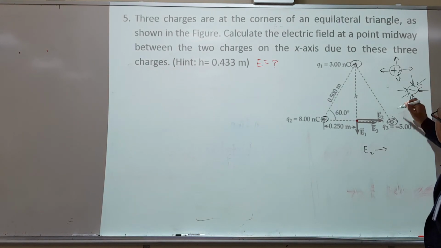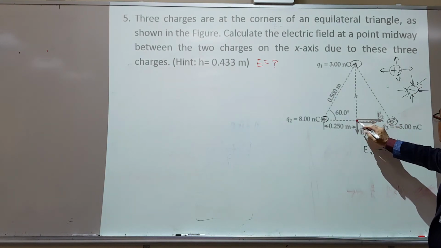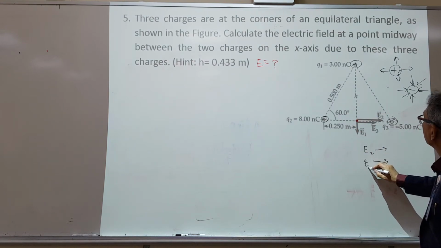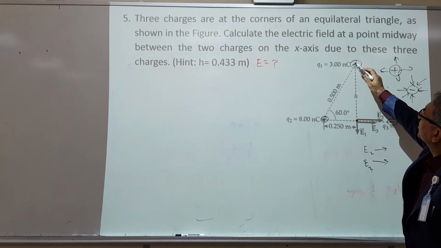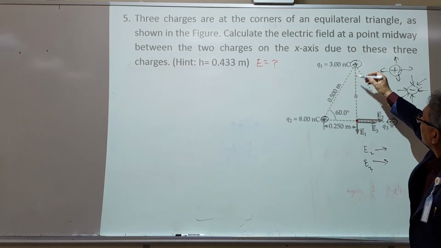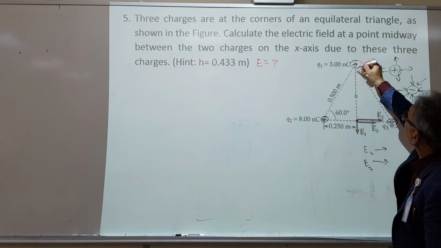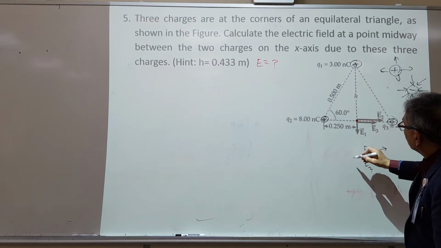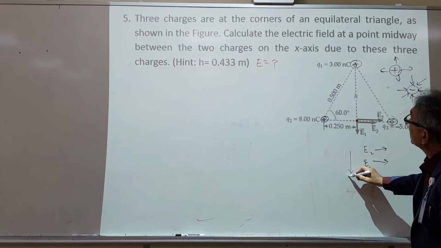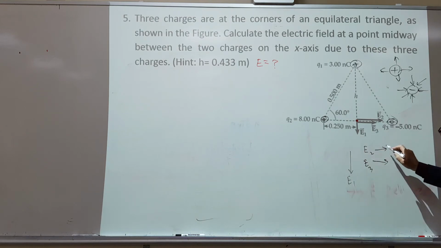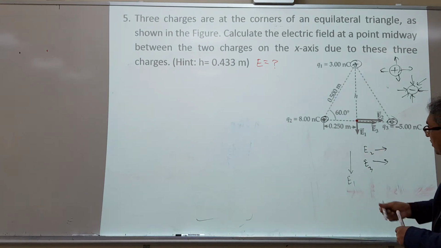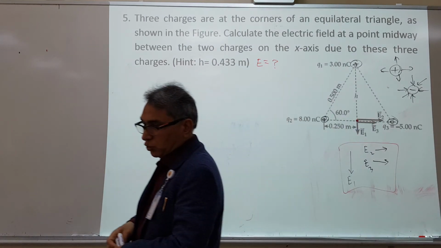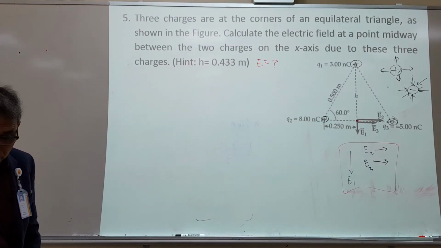But since I take only this point of interest, it will be this side again. So this is E3. Now, the third charge, which is Q1, positive. Again, this is the point of interest. So all directions outward, and I take only this one. So this is your E1. These are the directions which are really very important to decide first. Otherwise, you'll get the wrong result.